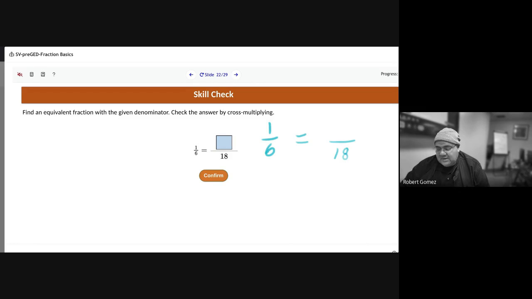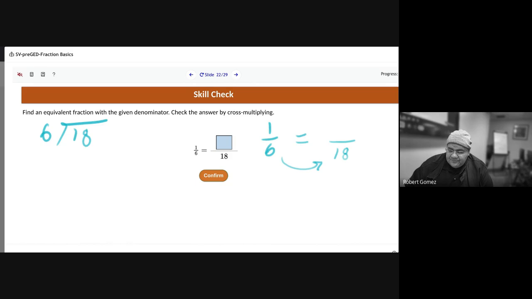Well, how did I get to 18? I have to figure that out. I can take 18 and divide it by 6. I could do that, and that's fine.